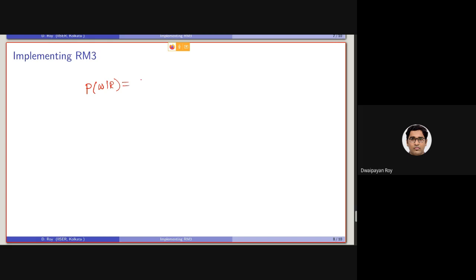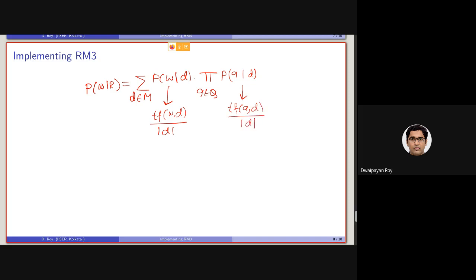P(W given R) equals the summation over all small d of probability of W given D, times the product over all Q in the query of probability of Q given D. This is the term frequency of W in D divided by the length of D. This is the term frequency of Q in D divided by the length of D. Note that there is no IDF factor in this RM1 model, or even in the RM3 model as well.